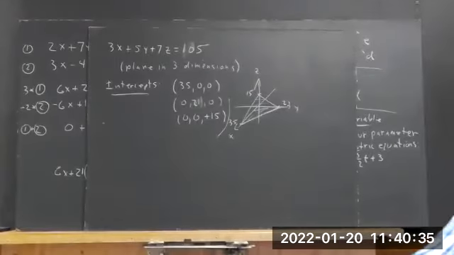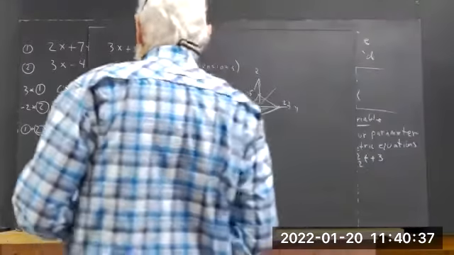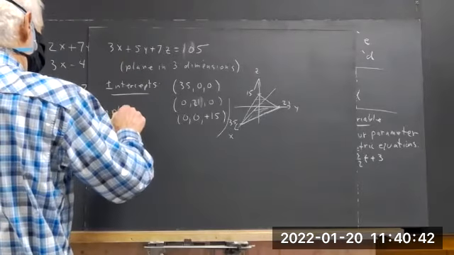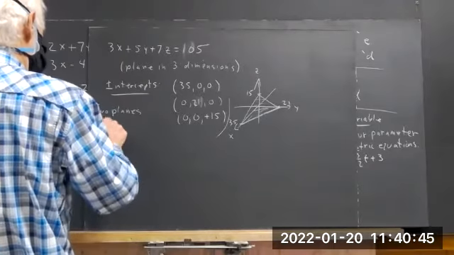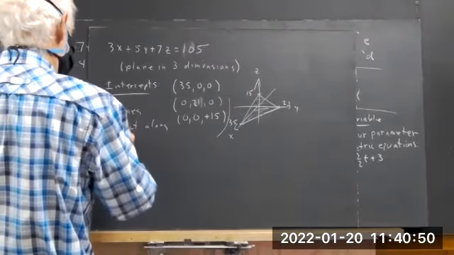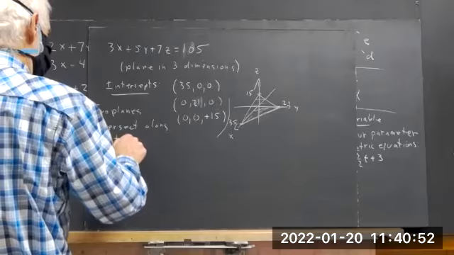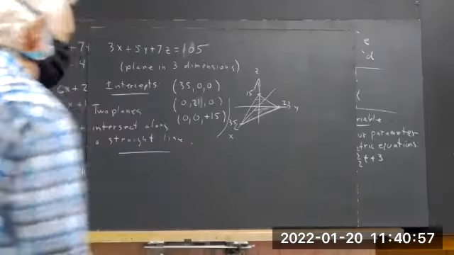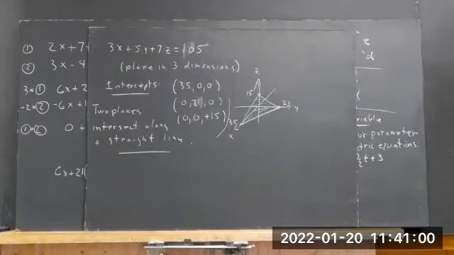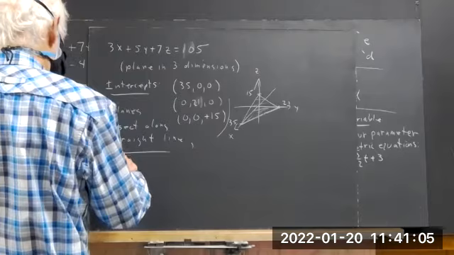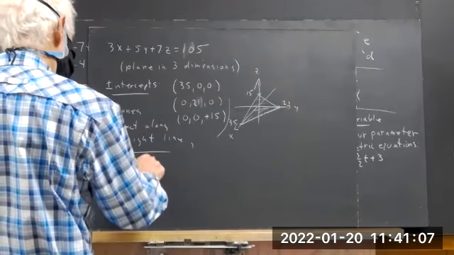So two planes intersect along a straight line, unless they're parallel.